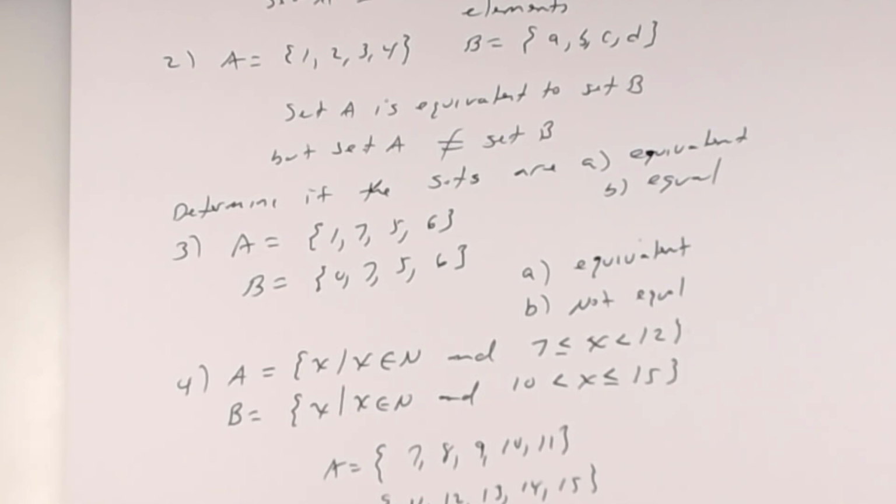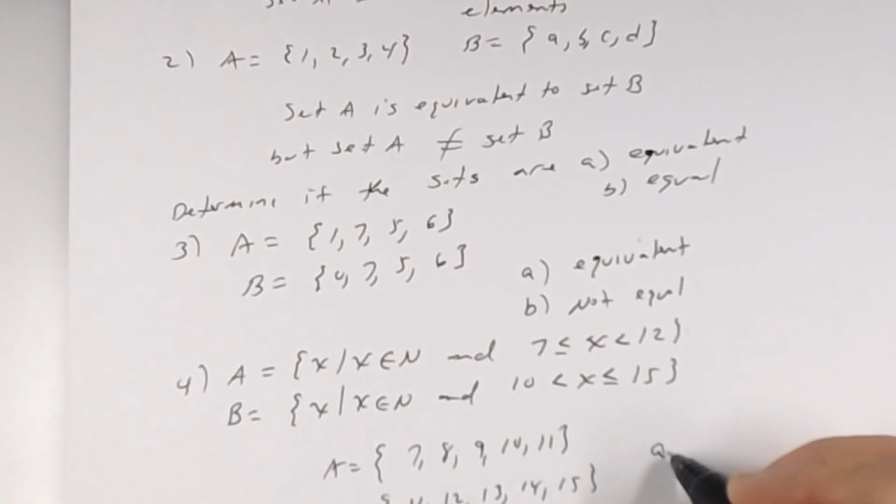What's the cardinal number for B? 5. You see there are 5 of them, right? 1, 2, 3, 4, 5. Okay? All right. So are they equivalent? Yes. All right, so they are equivalent.